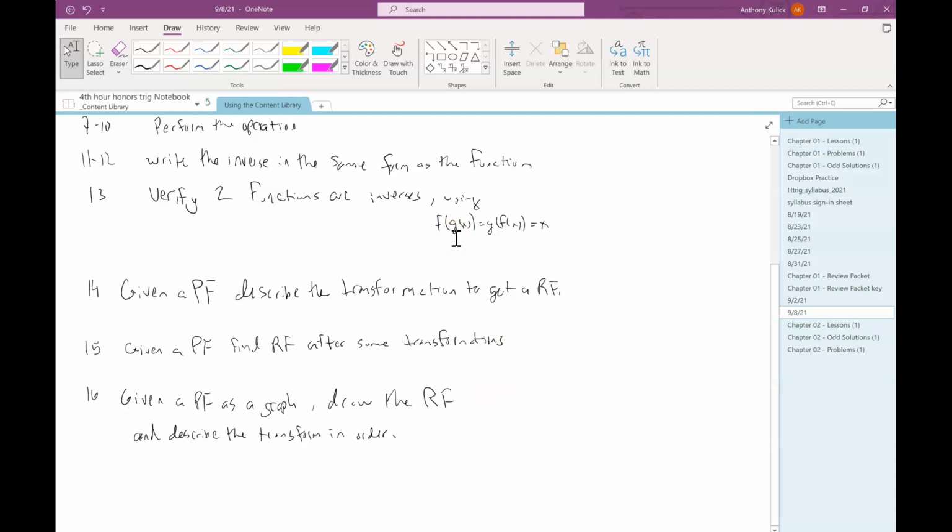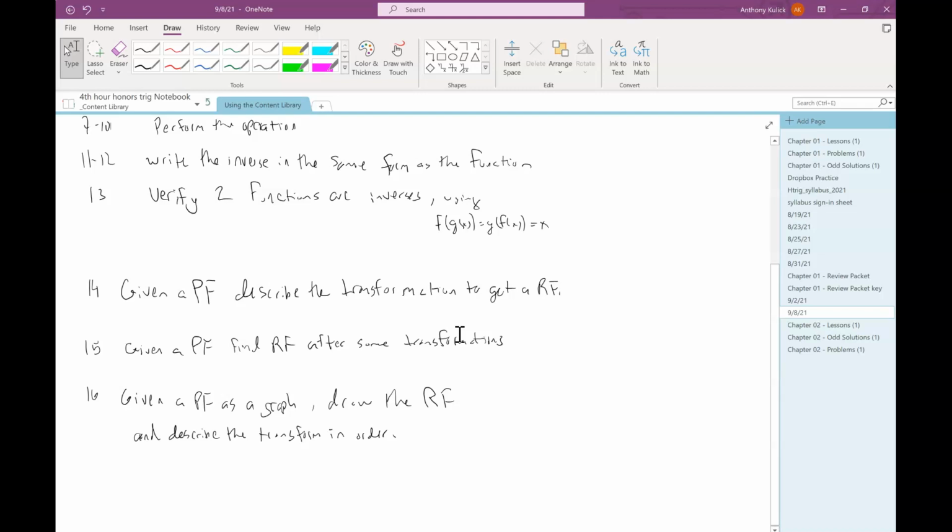Are there any formulas that you need to know? Formulas you should know: the transformation pieces. We described how to transform a point from something in the parent function to something in the resultant function. There's a way to do that, like (x, y) goes to (bx plus h, ay plus k). You probably want to have that.